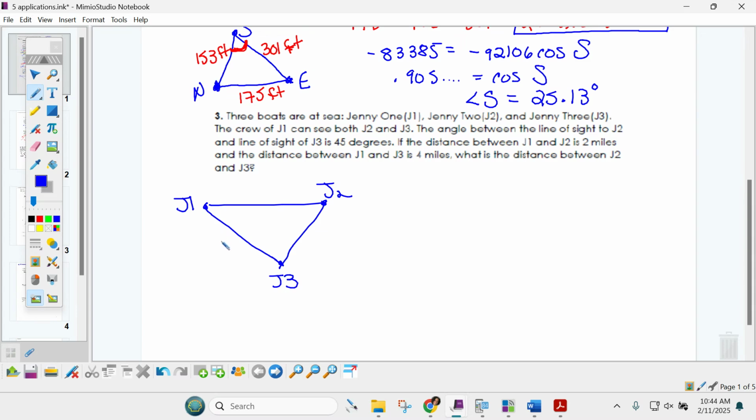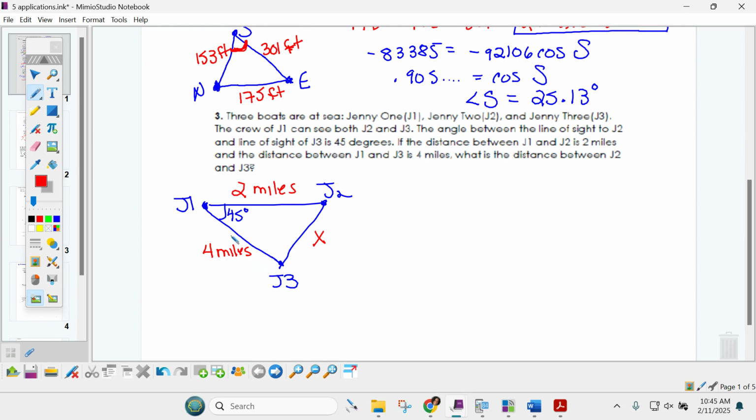The angle between the line of sight to Jenny 2 and the line of sight to Jenny 3, so this is J1 looking at 2 and 3, is 45 degrees. The distance between 1 and 2 is 2 miles. The distance between 1 and 3 is 4 miles. What is the distance here?